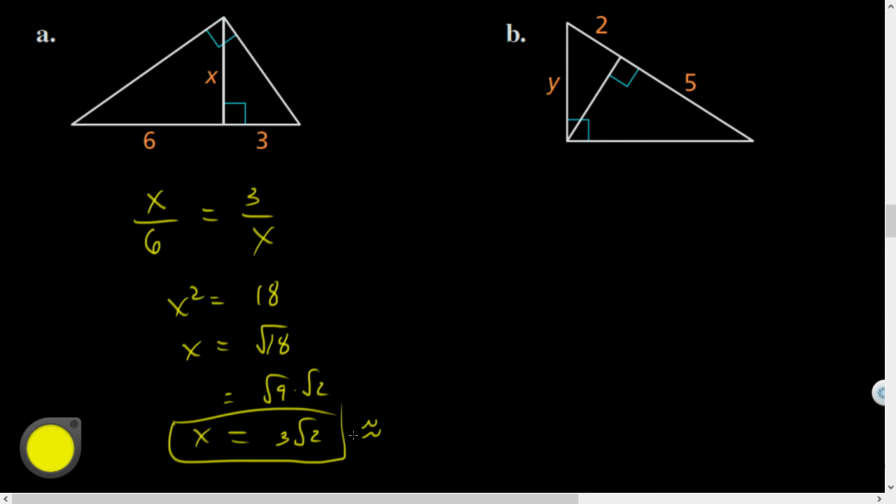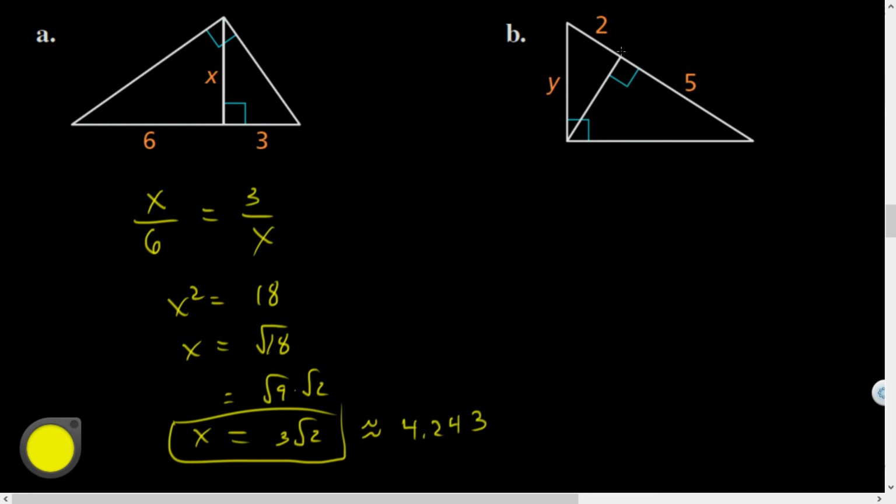So it's actually going to be less than 4.5 because 18 is closer to 16 than it is 25. Let's see. Square root of 18, I got 4.243. Yeah, so you had a pretty good guess.